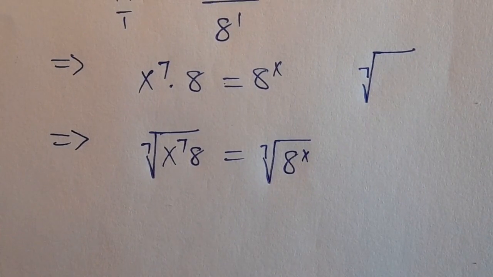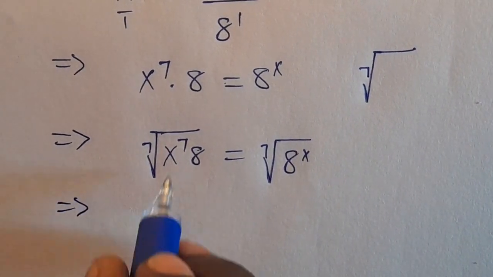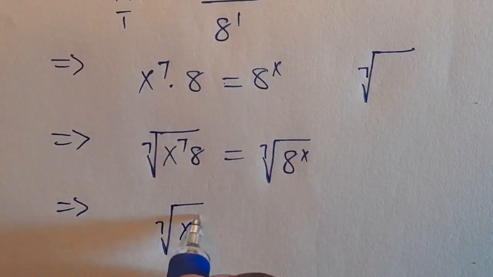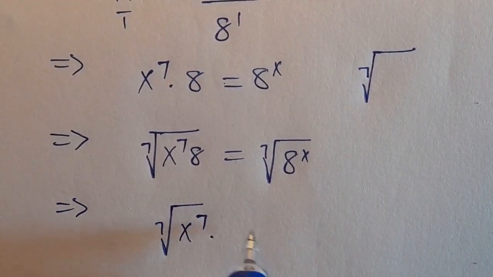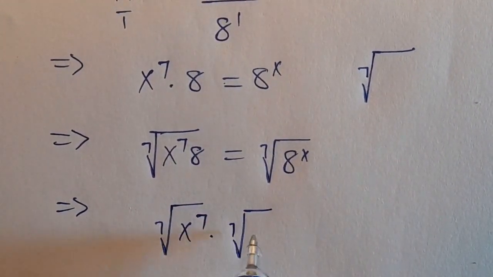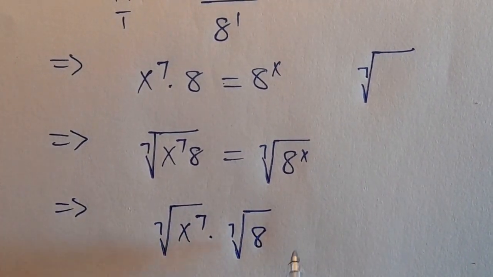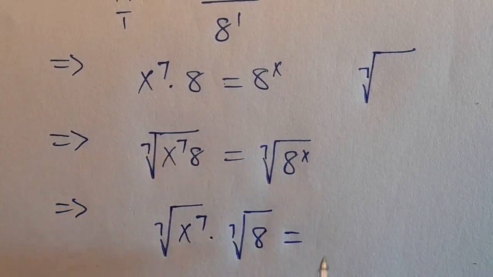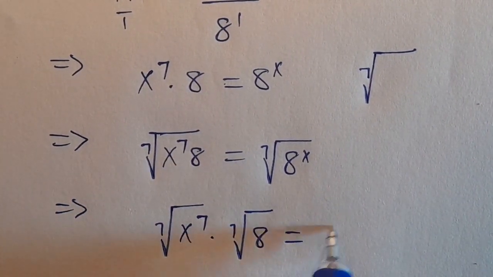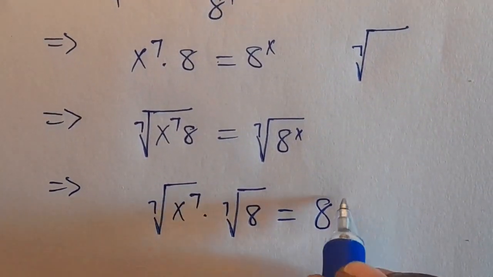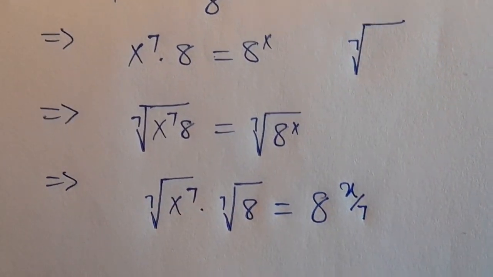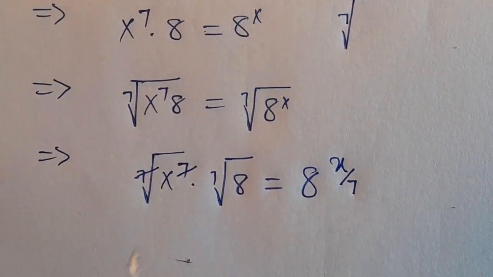And so from here, we can simplify this as the 7th root of x to the power of 7, multiplied by the 7th root of 8, equals, from here as well, we can take this back as 8 to the power of x divided by 7. And so from here, we cancel this.